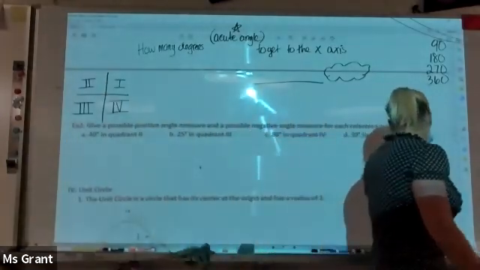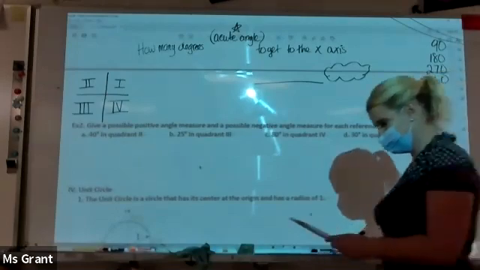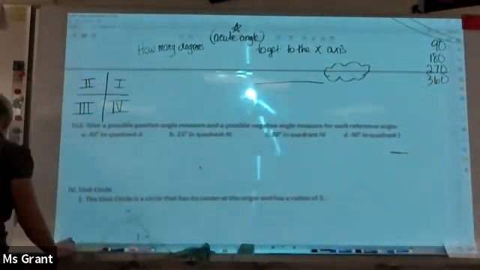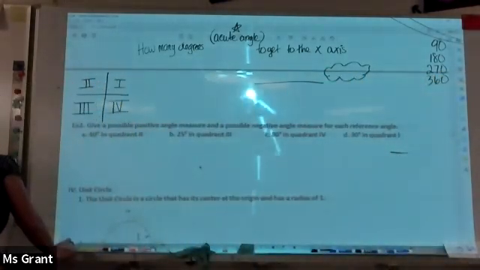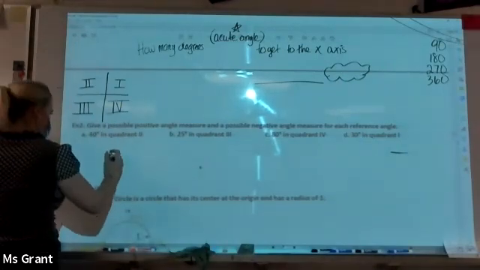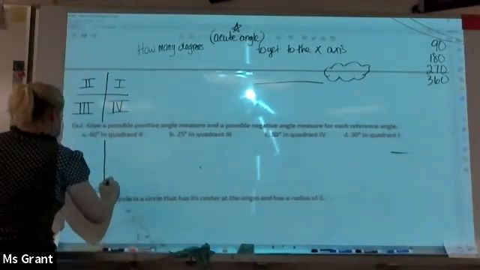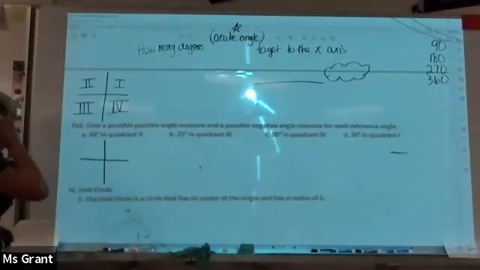So I'm going to pay specific, close attention to what it tells me. This one tells me that I'm going to be in quadrant 2, okay? And I'm going to make a 40-degree angle. Let me do it in blue.